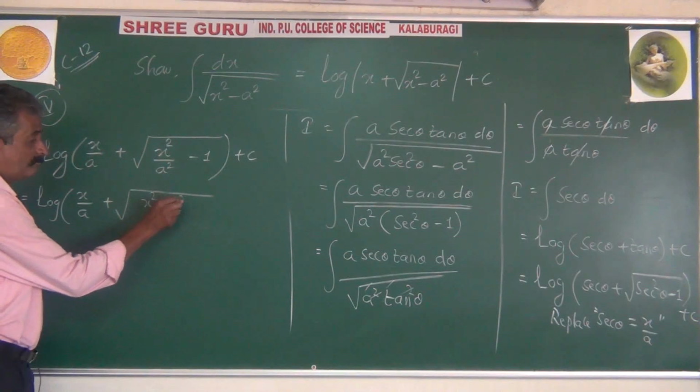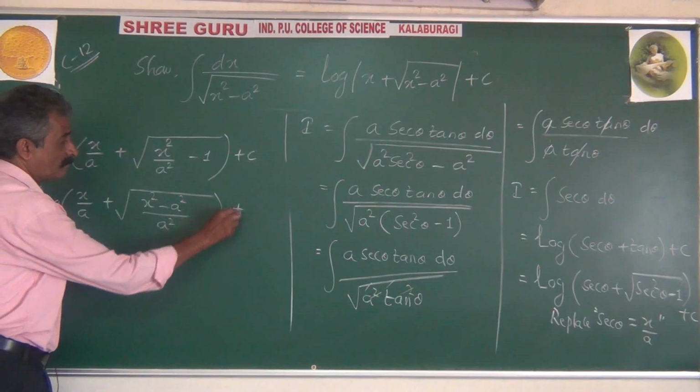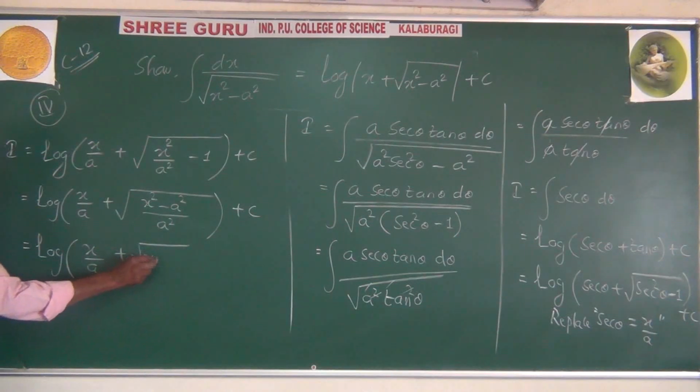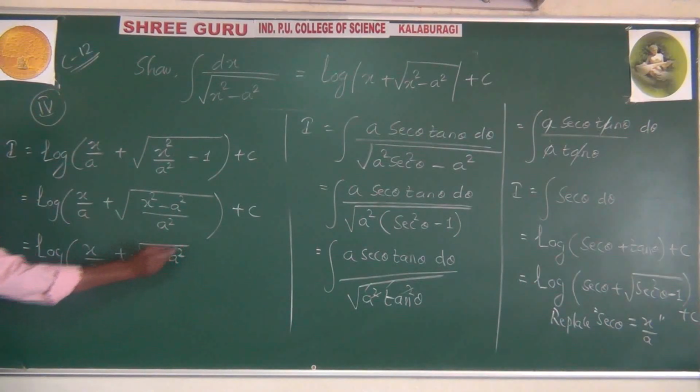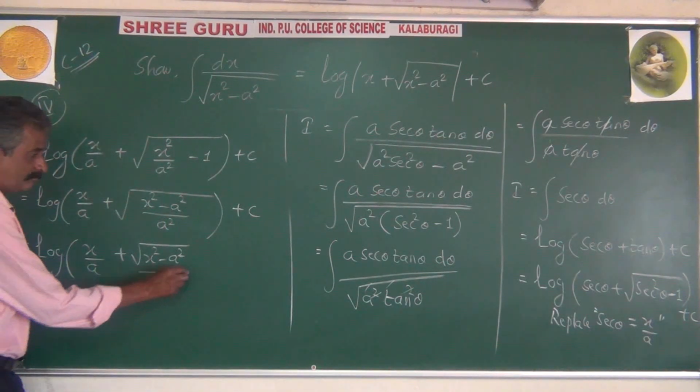X square minus a square divided by a square, plus c. Further, log bracket x by a plus square root of x square minus a square, and also square root of a square becomes how much? A, plus c.